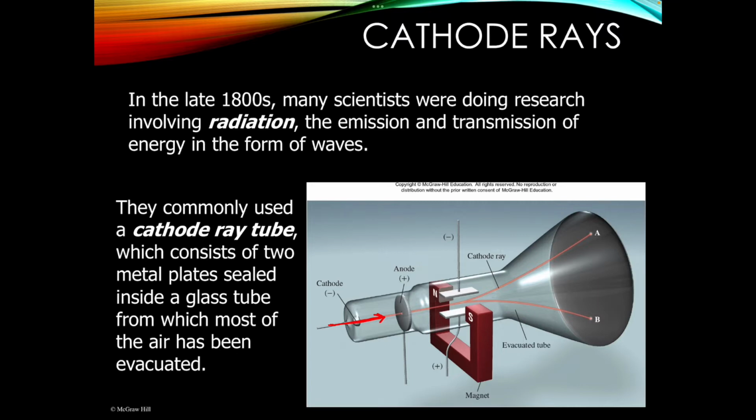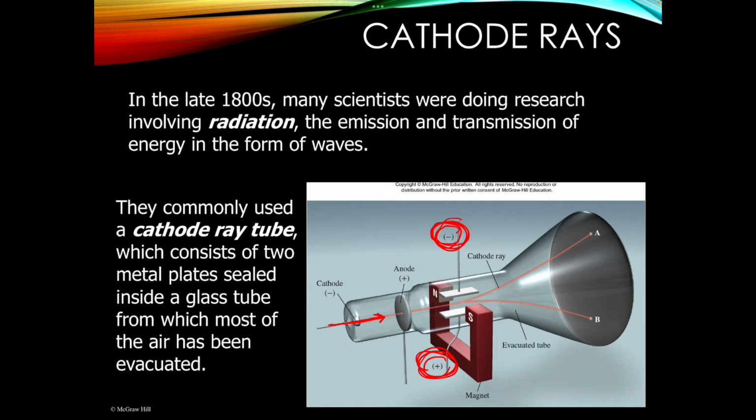So we'll send this ray through it, and we have two charged plates. We have a charge up here and a charge up here, and you'll see that they are opposites. This one is negative and this one is positive. And we can use those plates to figure out whether this beam is positively charged or negatively charged.